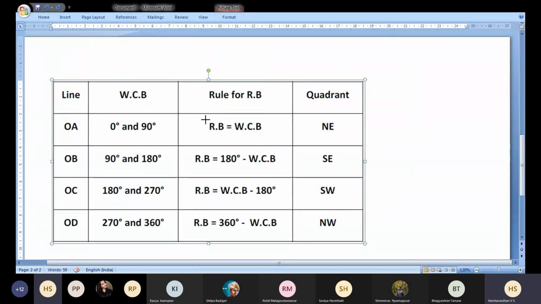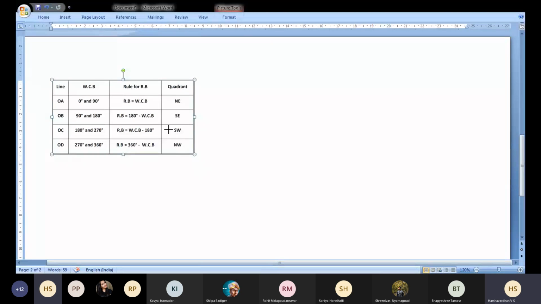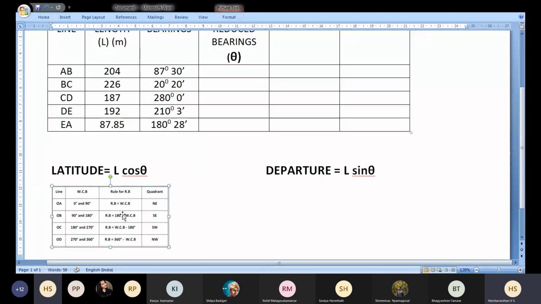This is how you convert whole circle bearing to reduced bearing.